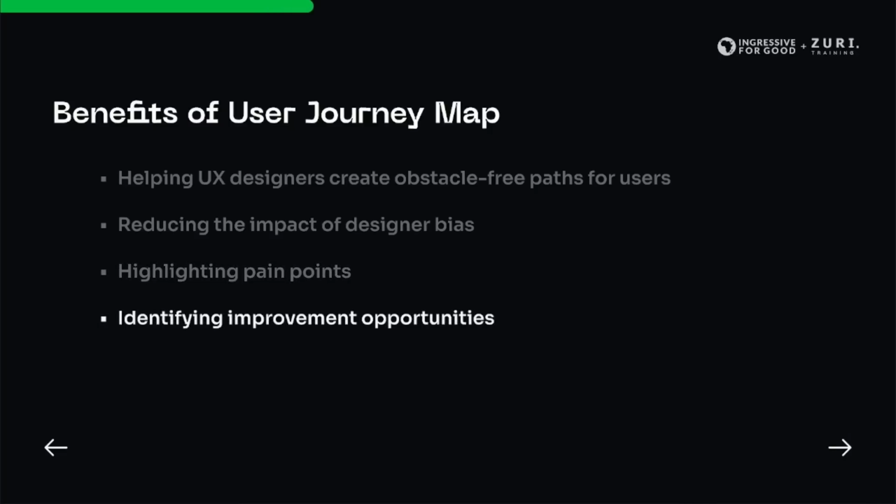The final key benefit of journey mapping is it identifies improvement opportunities. In Tiana's example, you could add an option in the menu for users to write in their own racial identity, or maybe you could add another field to the drop-down menu for multiracial citizens. Improving the user experience here can make a big difference.